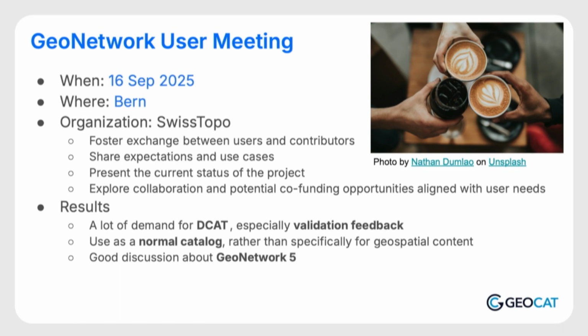The other thing that was interesting is folks wishing to use GeoNetwork just as a normal catalog, not necessarily specific to geospatial data. I think that's a reflection on how nice GeoNetwork is to use, but also a little bit of a reflection on the usability of the normal catalogs. We also had some very good discussions about GeoNetwork 5.